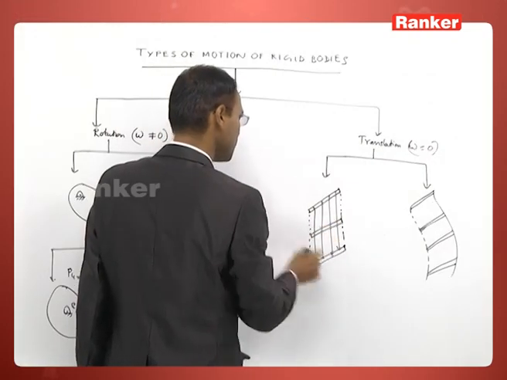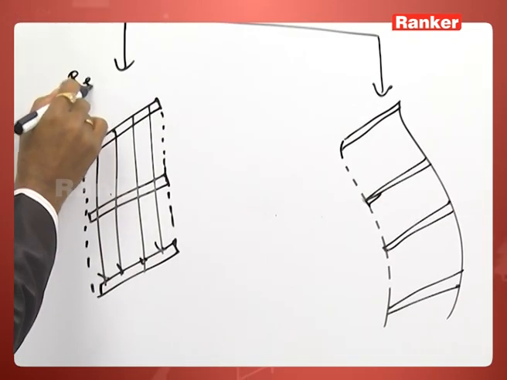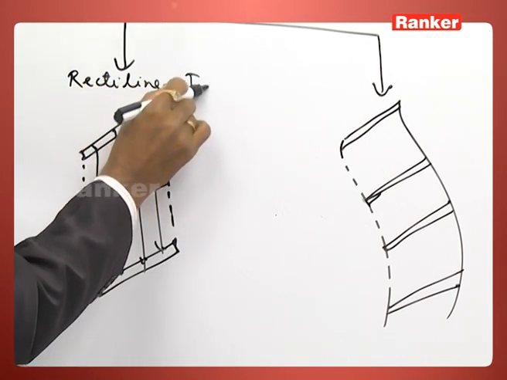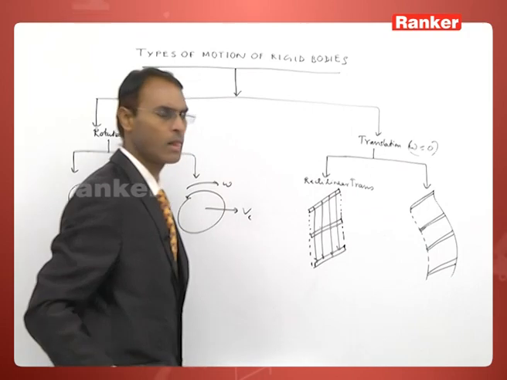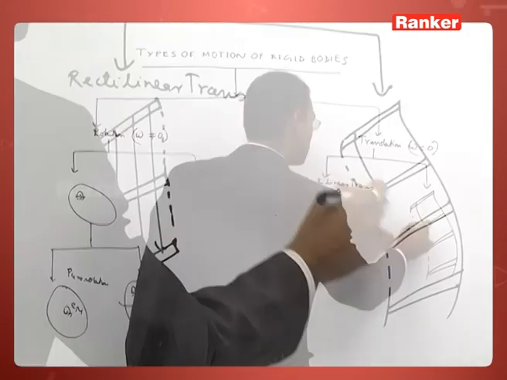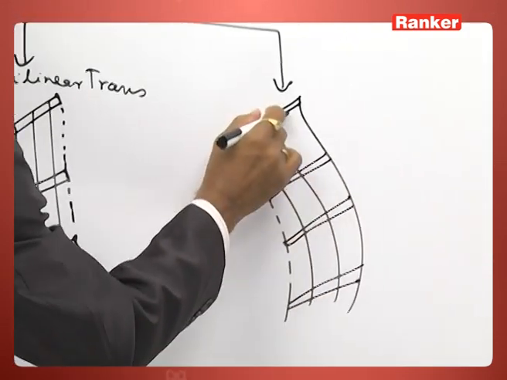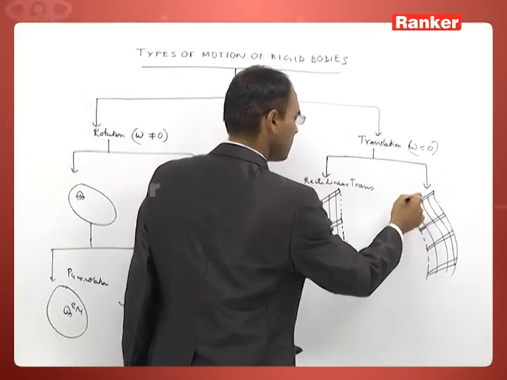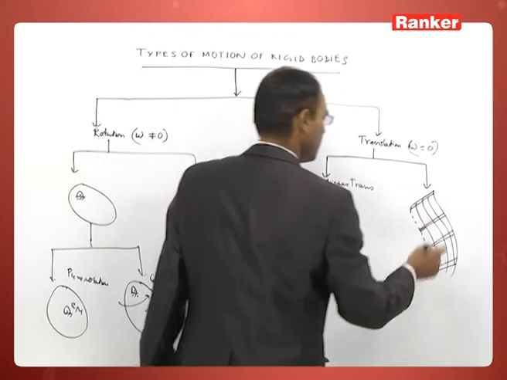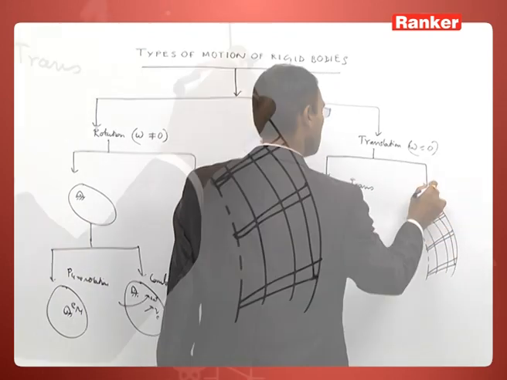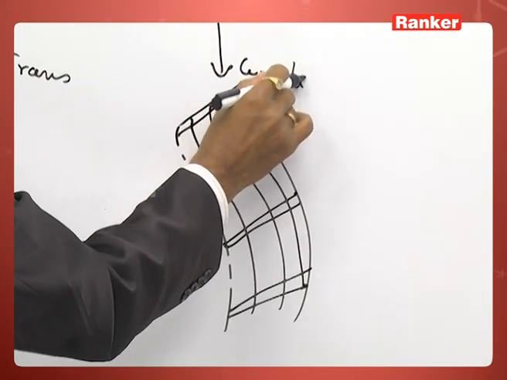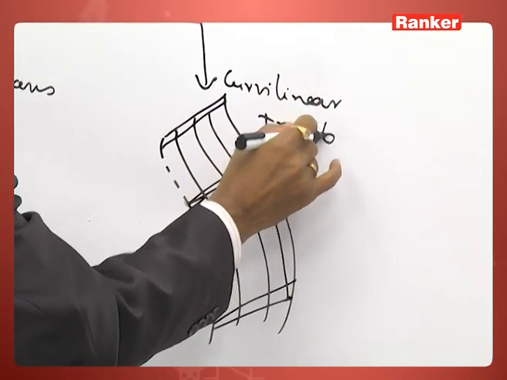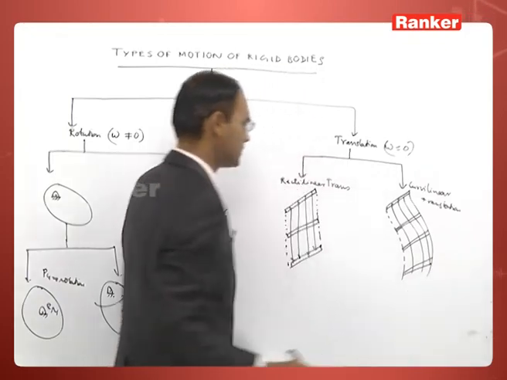This type of translation is called rectilinear translation. In the other case, all the points move in parallel curves, not straight lines. This type of motion is called curvilinear translation. It seems as if it is rotating.